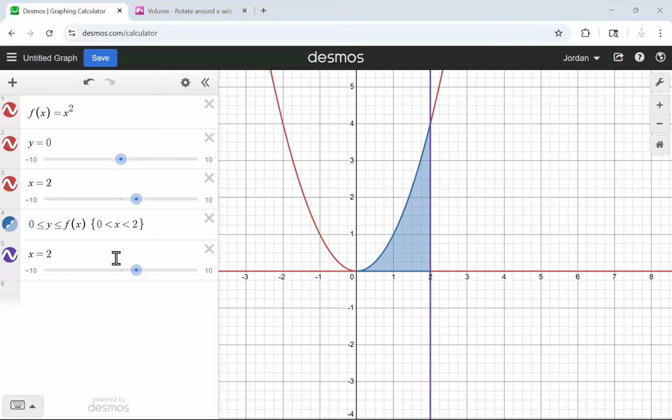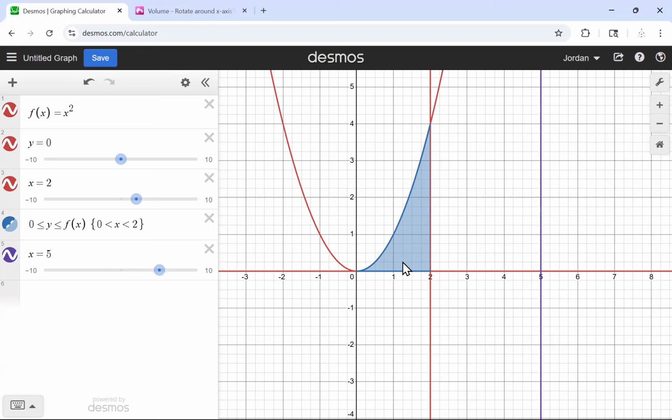Let's start with the two-dimensional graph. So we started last example rotating around the vertical line x equals 2. Now we're just going to move that line over to x equals 5. We're going to get a big space in the middle, but remember the shell method handles spaces in the middle just fine.